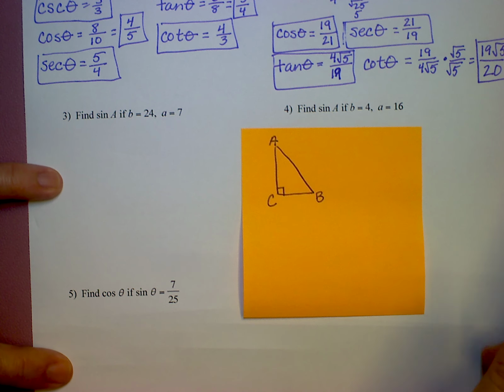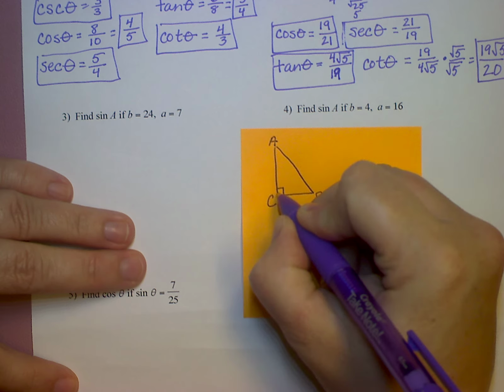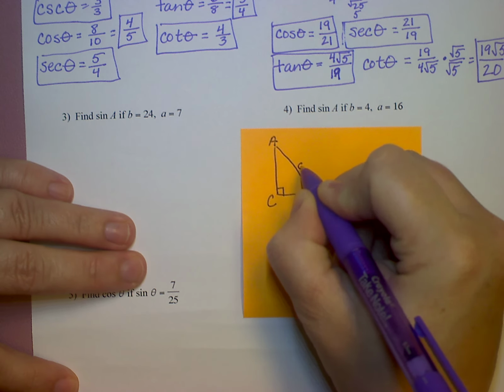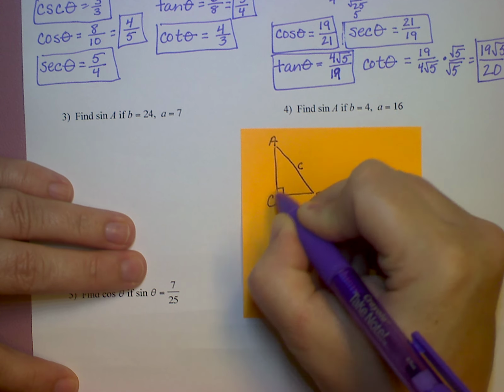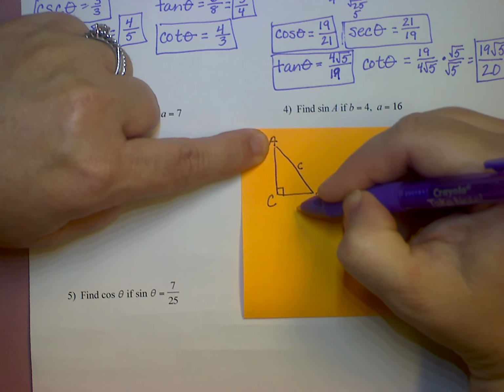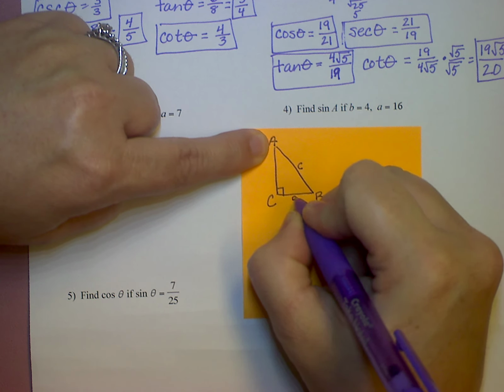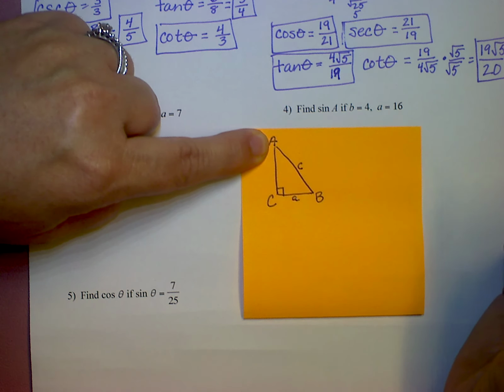What are the sides then? They are lowercase letters, and there is an order. Lowercase c is always going to be your hypotenuse because it's the side opposite C. Lowercase a is going to be the side opposite capital A. So whichever angle you labeled capital A, the side opposite there is lowercase a.